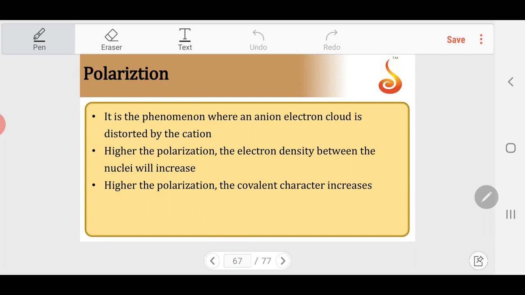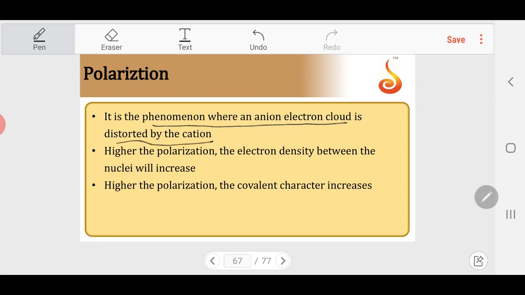Polarization. It is a phenomenon where, when a cation comes near an anion, the cation will try to distort the electron cloud of the anion. The distortion of the anionic electron cloud by the cation is called polarization. Polarization is maximum when the cation charge is high and size is very small.